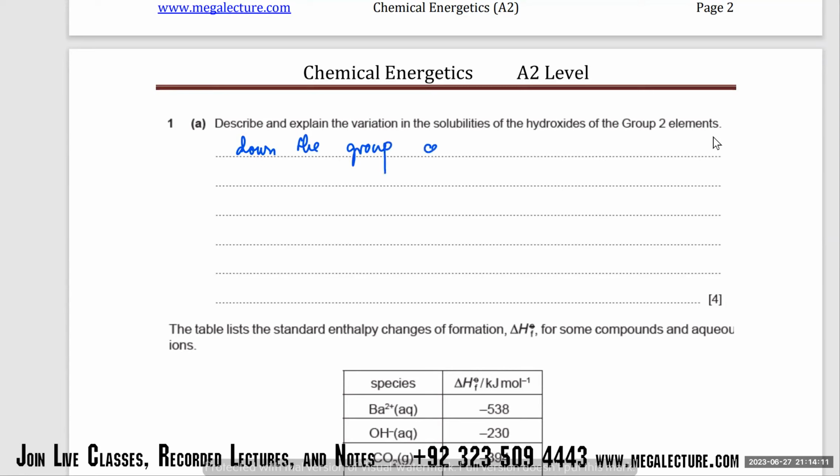Cationic radii increase for the cations, and so both delta H lattice energy and delta H hydration, they decrease.